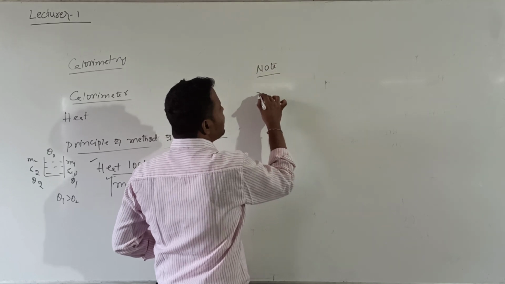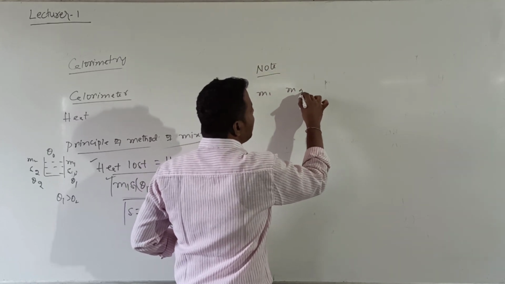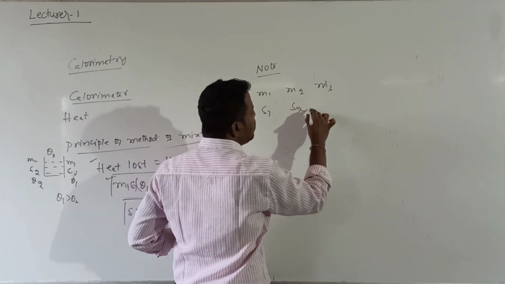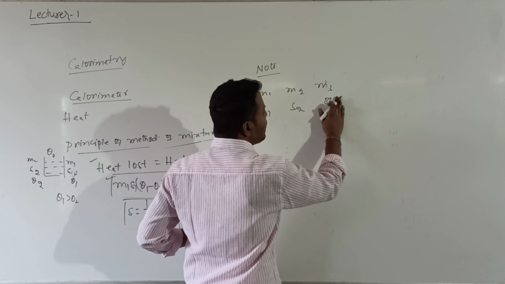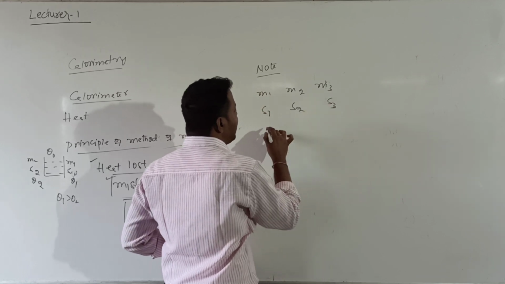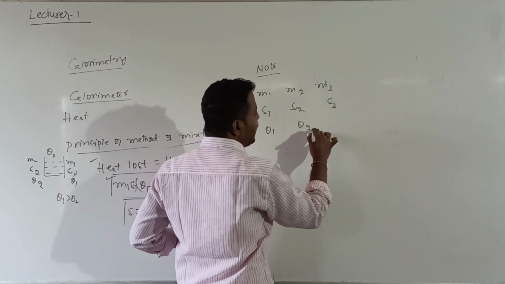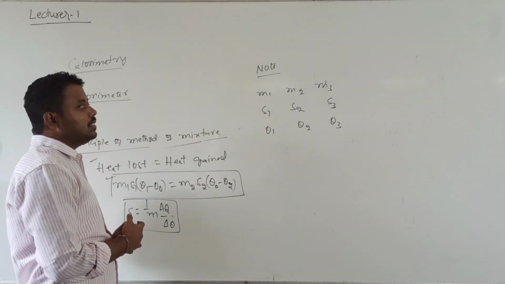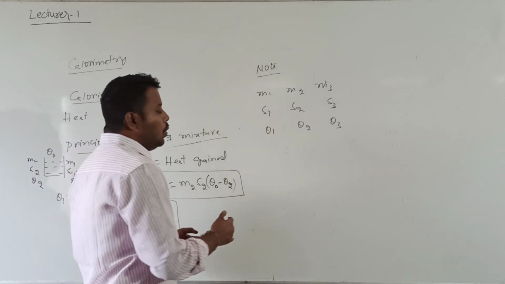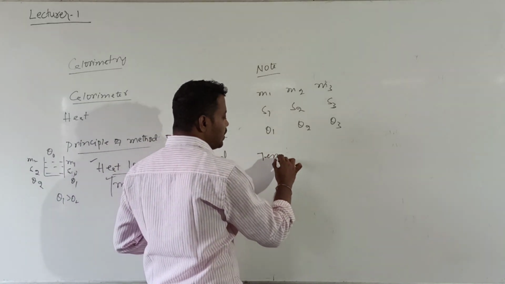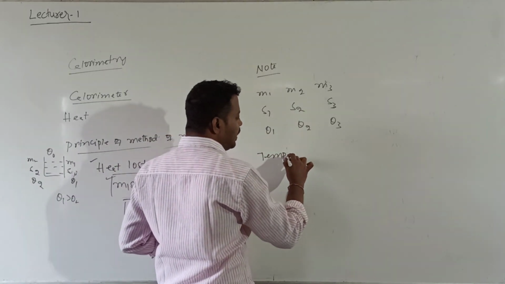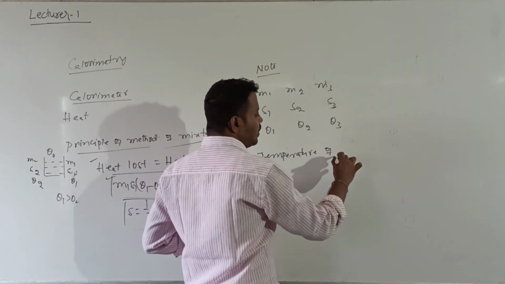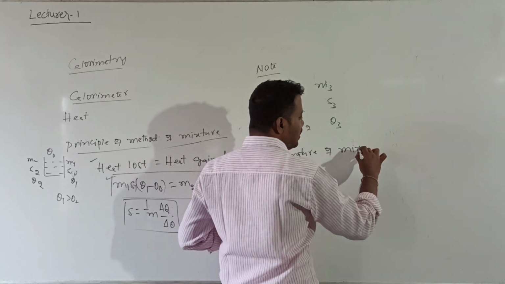There are three liquids of masses M1, M2, M3, specific heats S1, S2, S3, and temperatures theta 1, theta 2, theta 3. If they are mixed well, what is the temperature of the mixture? I want to calculate the final mixture temperature.